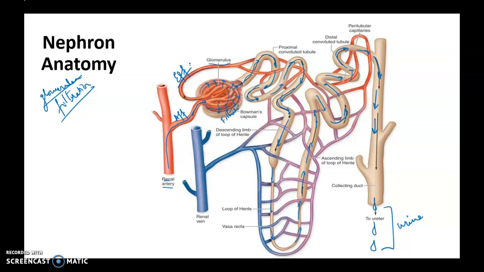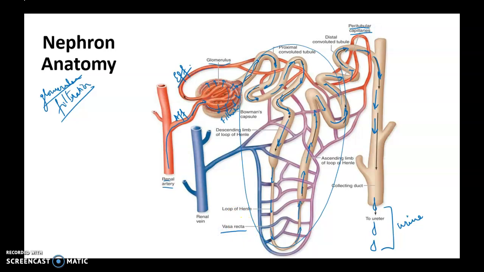This is the portal vessel, right? That forms a second capillary bed. Do you see a huge capillary bed surrounding the PCT, DCT, and the loop of Henle? This whole capillary bed is the second capillary bed, which is divided into peritubular capillaries and vasa recta.